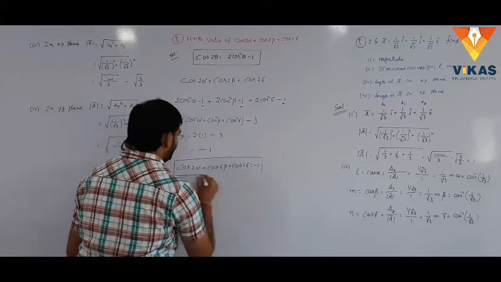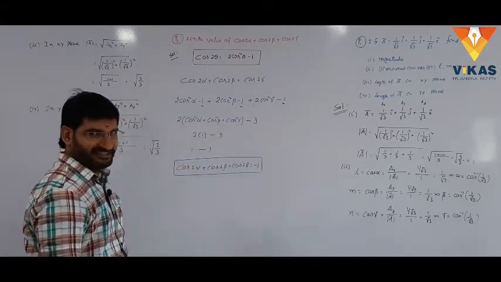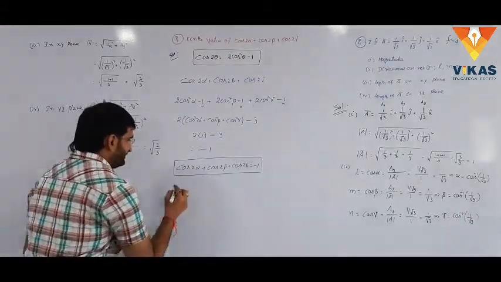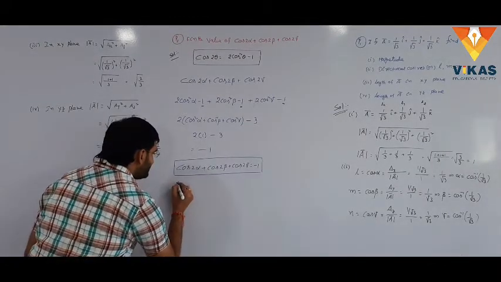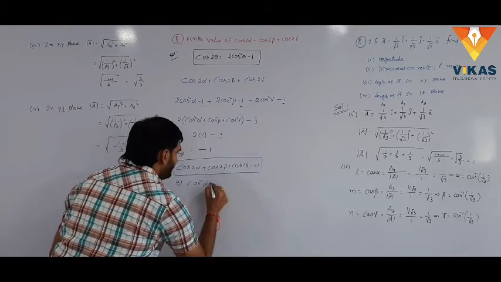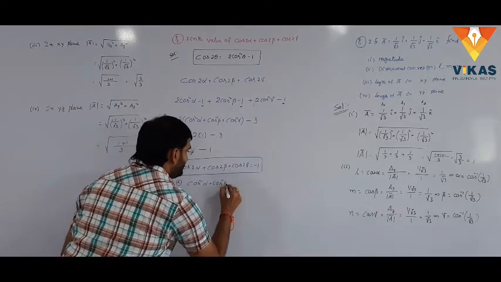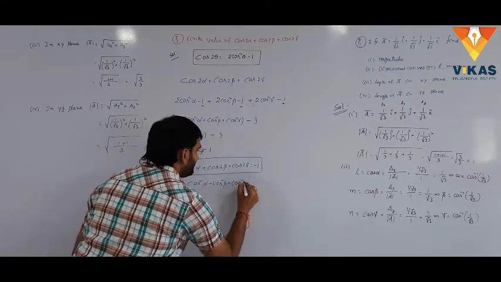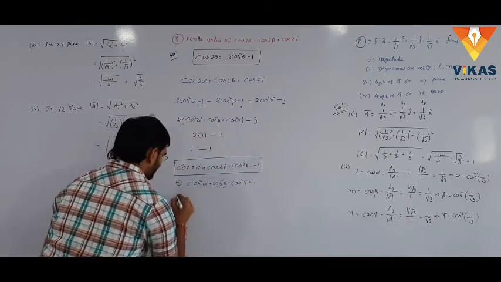Understand? I will discuss all three relations in one place. The first relation is cos square alpha plus cos square beta plus cos square gamma equal to 1.